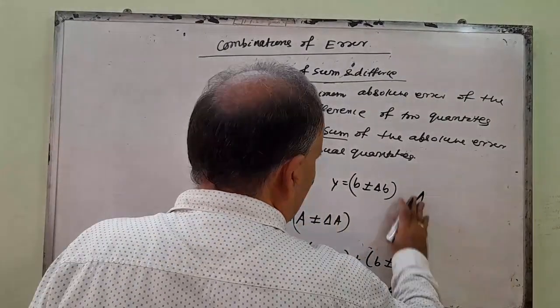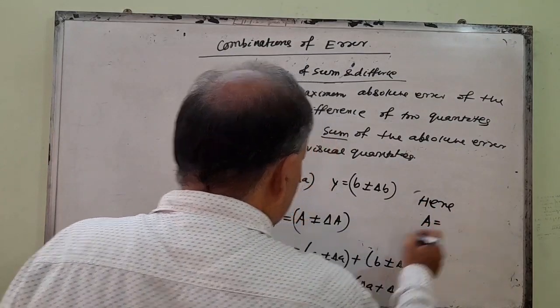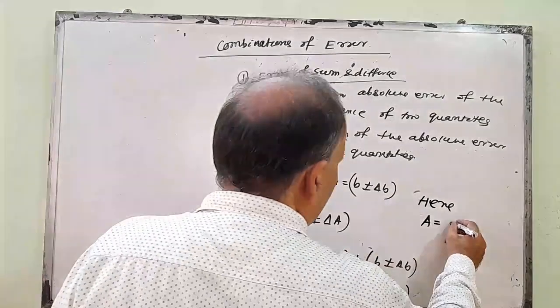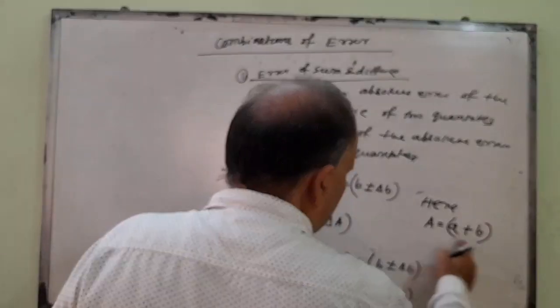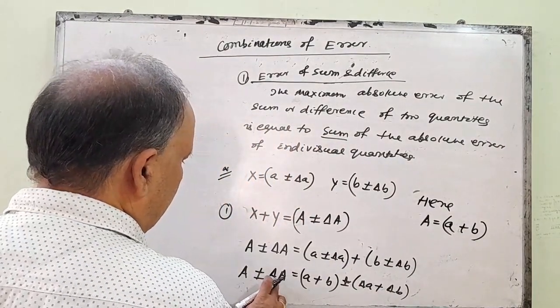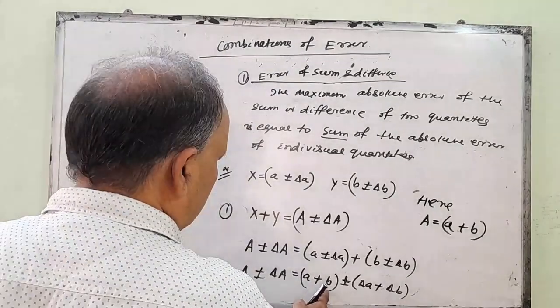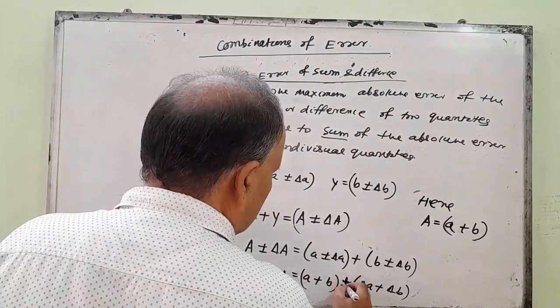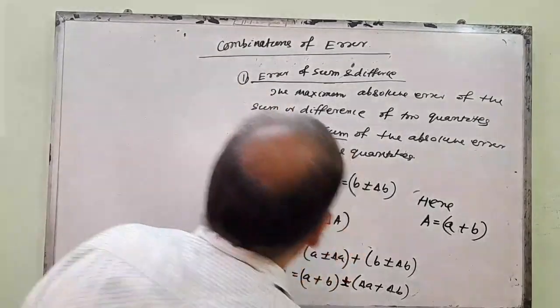So here a is equal to, you write, the true value of the first measurement plus the true value of the second measurement. You remember this. So a plus minus delta a is equal to the true value of first plus true value of second, plus minus the absolute error of first plus absolute error of second.